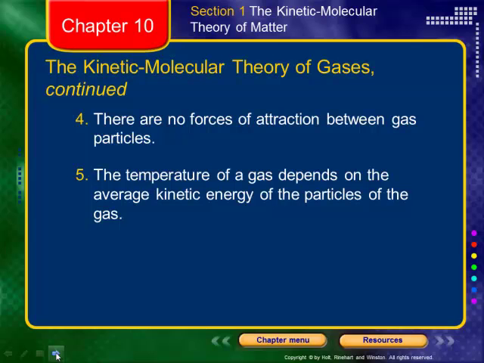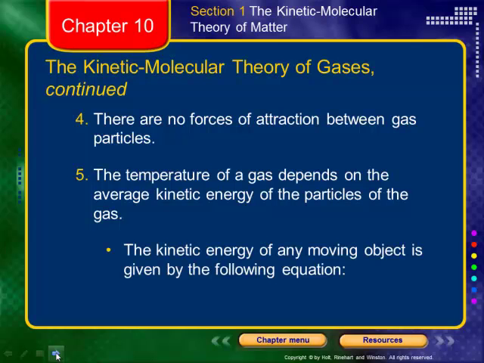As we heat up a gas, or any substance for that matter, the particles begin moving more rapidly. And so a gas at a higher temperature, the particles simply have more kinetic energy. The kinetic energy is given by the equation KE equals 1/2 mv squared. So you can see that the kinetic energy of any particle depends upon its mass and the square of its velocity.